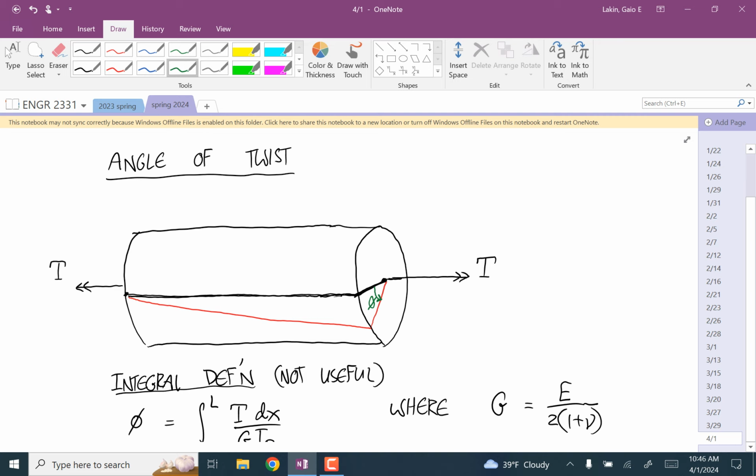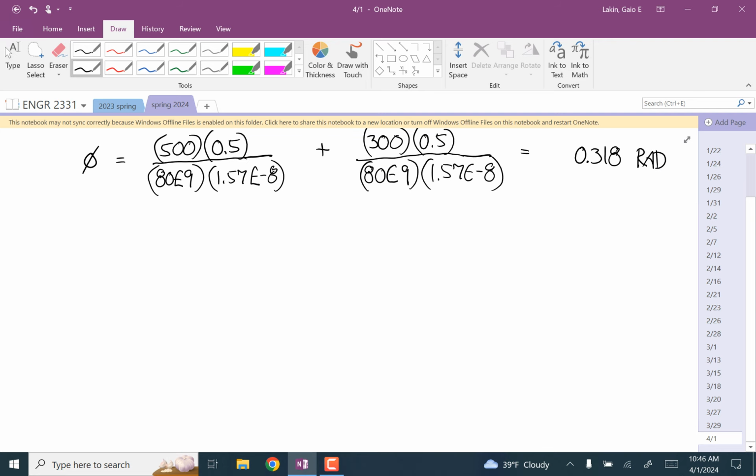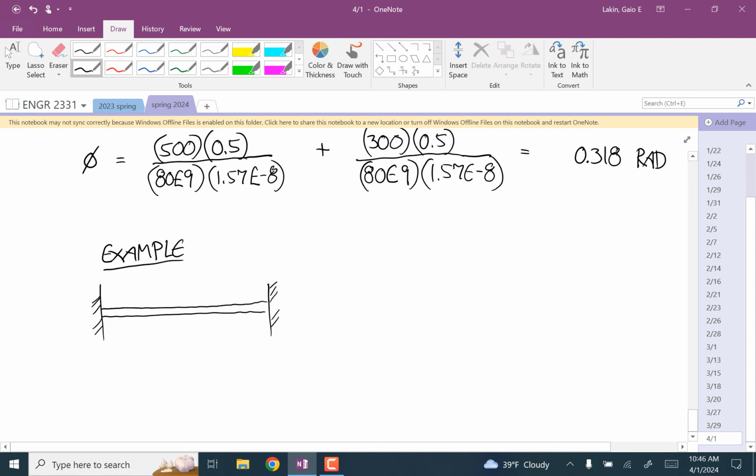Okay. What about using this in statically indeterminate structures? I'll just do a real simple one of these. So let's say we have a wall over here and a wall here. And at the middle, a torque is applied of 500 Newton meters.